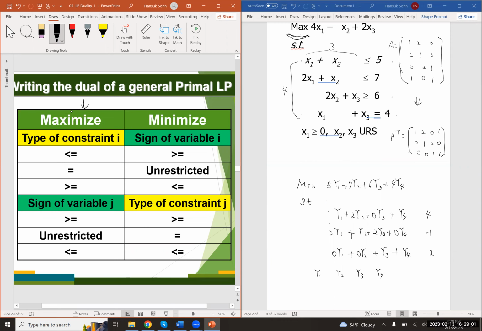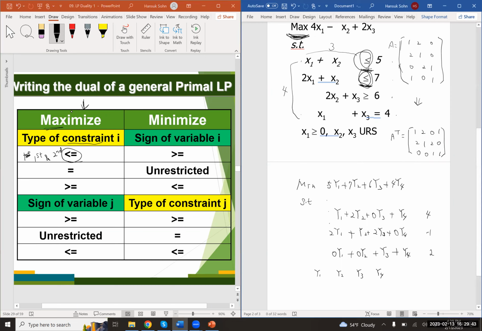So here, in the maximization problem, the first constraint has less than equal sign, right? And also the second constraint has less than equal sign. So I'm going to write down here, in the maximization problem, the first and second constraint has less than equal sign, right? Just like this.